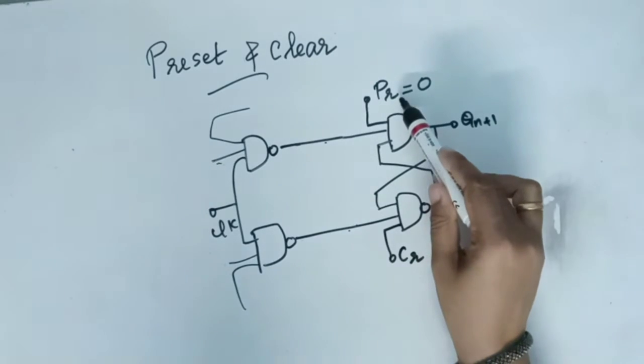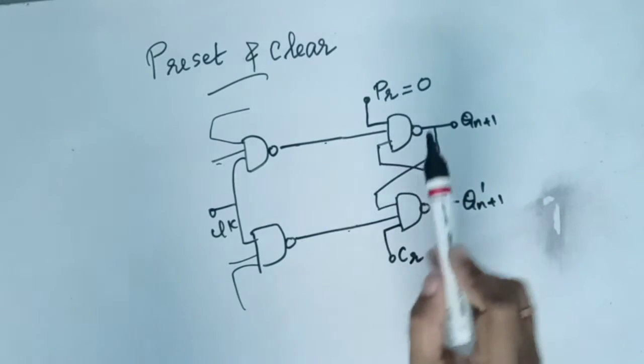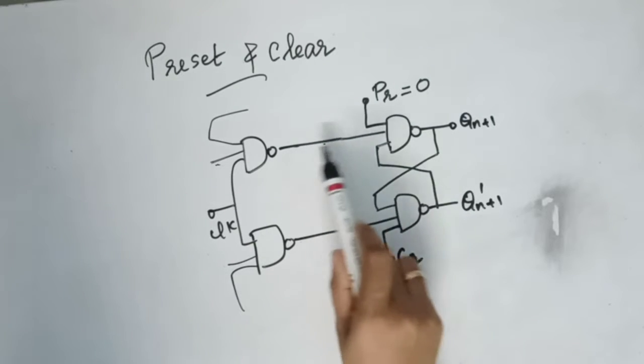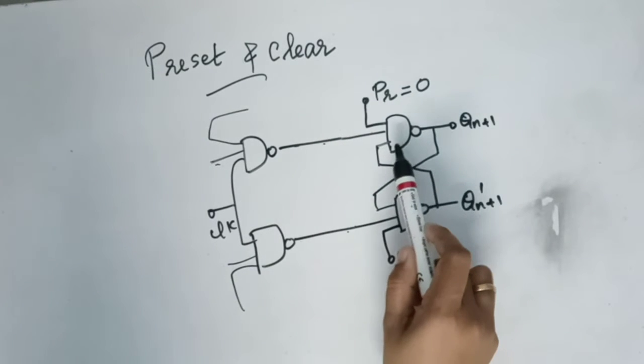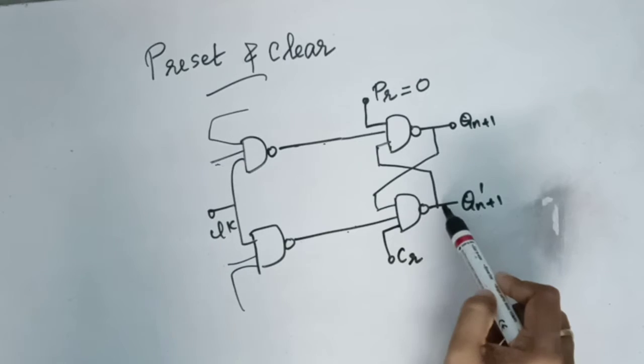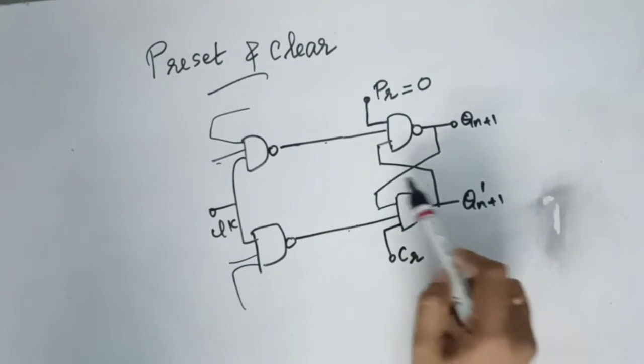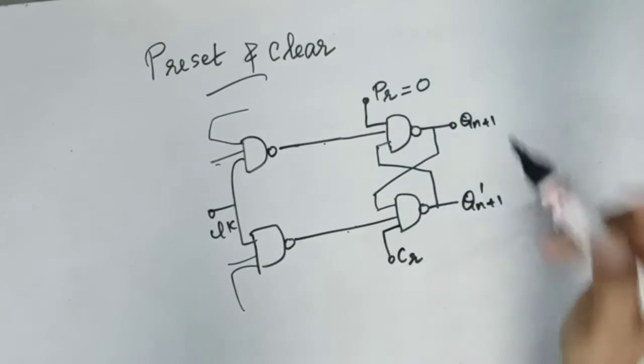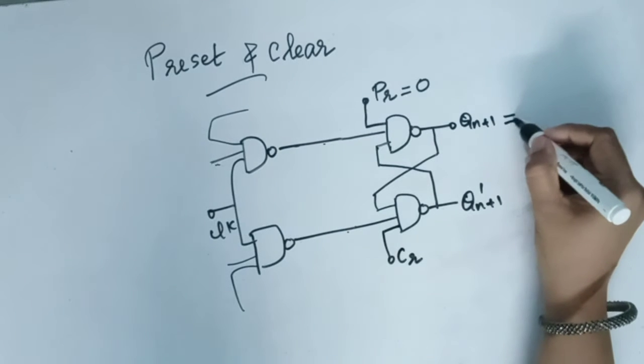If preset is equal to 0, whatever is in this line is meaningless because this is an AND gate. And whatever is the previous output is also meaningless because if this is 0, then this will be 1.